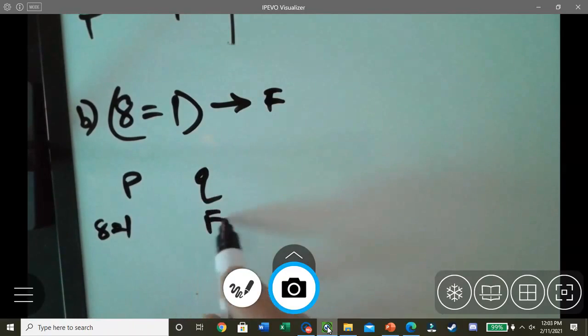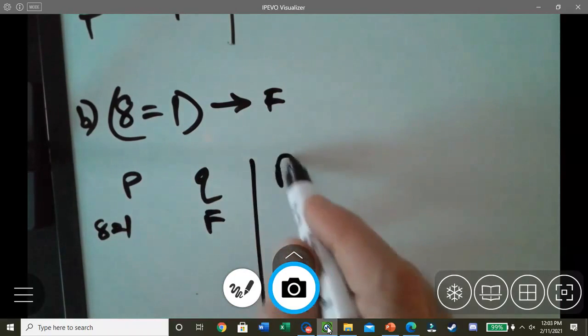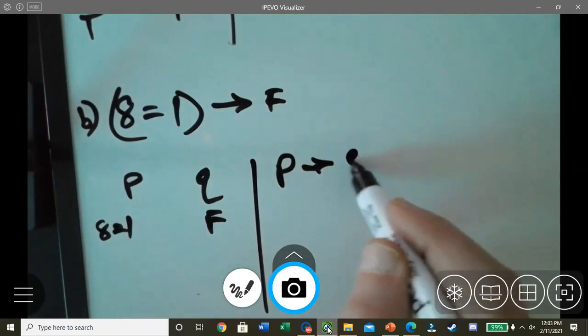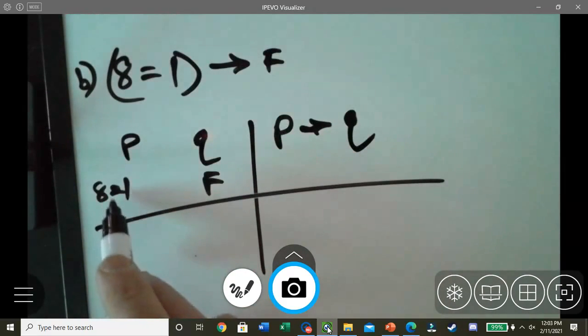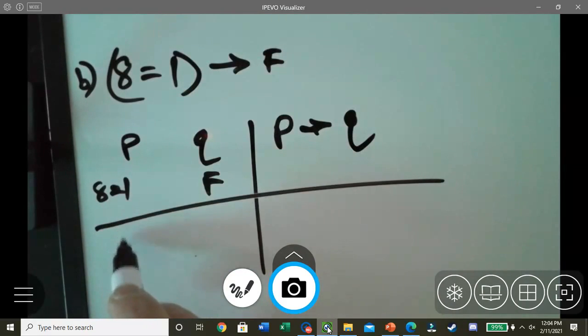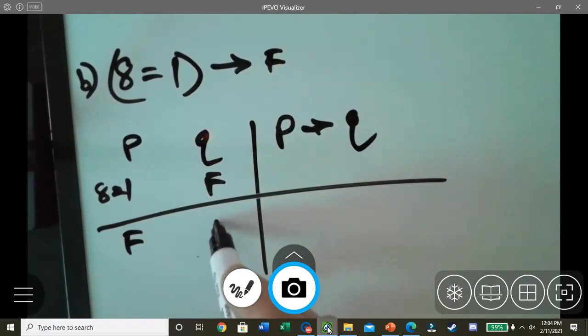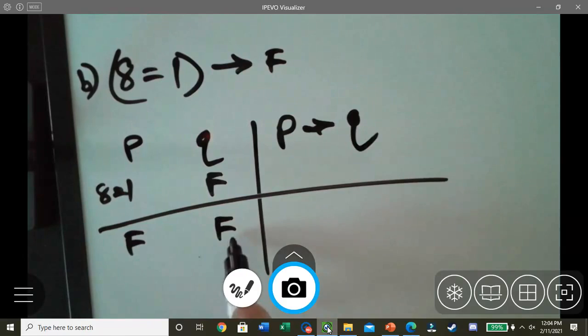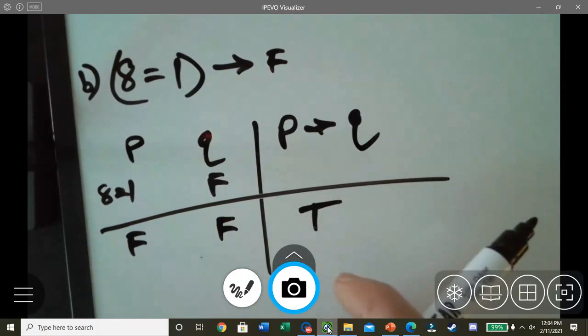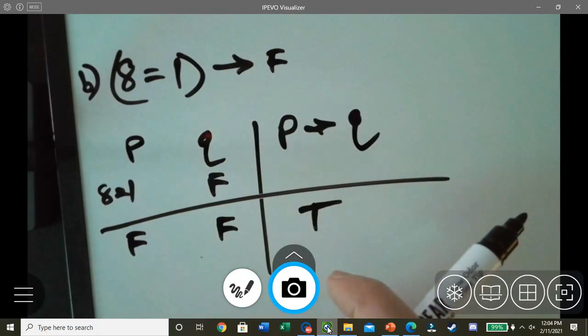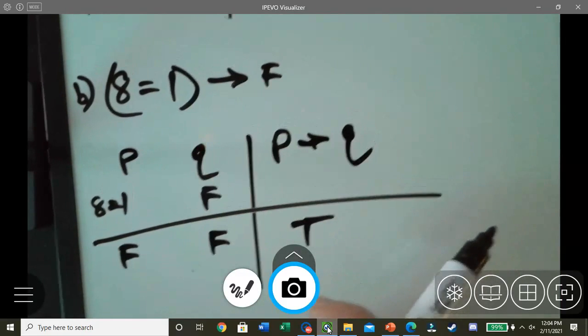Q is false. So if P, then Q. Is 8 equal to 1? Is that true or false? That's false. Well, this is automatically false. So if false, then false is true. The only one that's false is if true, then false. Okay?